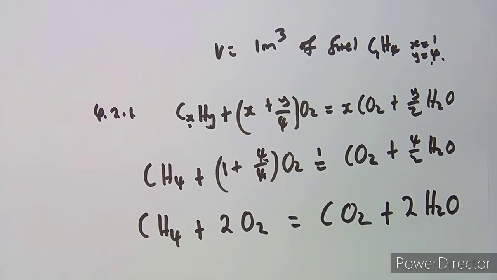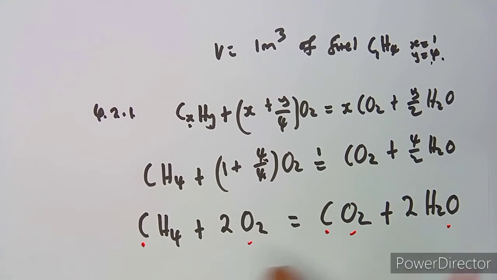How do you check it's balanced? You calculate the number of carbons. How many are there? 1 here, 1 here. How many oxygens here? 2 times 2 is 4, so there are 4 here. On the right we have 2 times 2, which is 2, so 2 plus these 2, they are 4. So the oxygen is balanced. Let's move on to hydrogen.